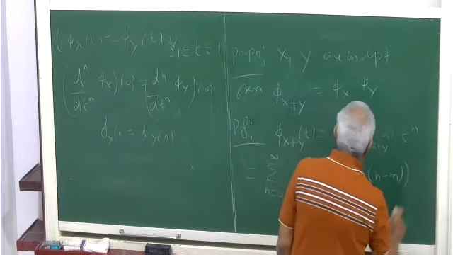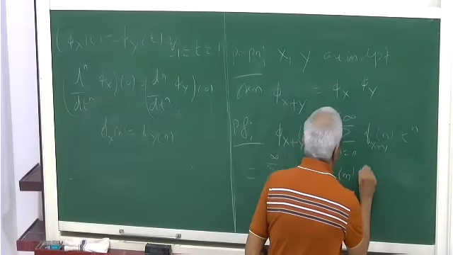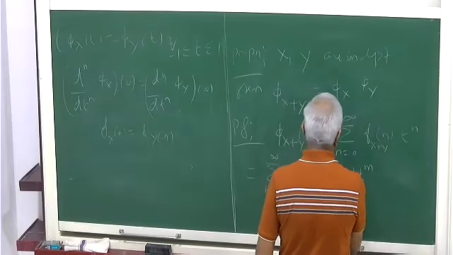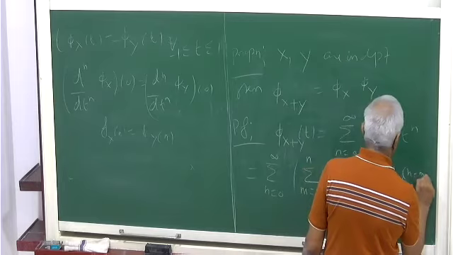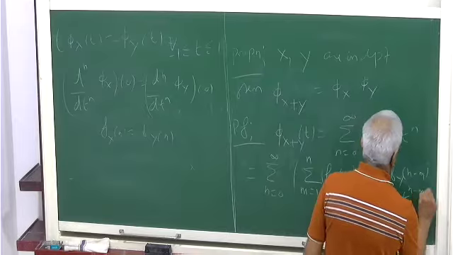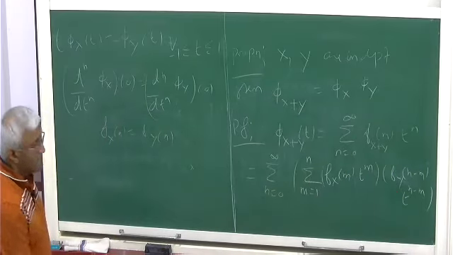That t power n, I split it like this: t power m, and fy at n minus m, t power n minus m.